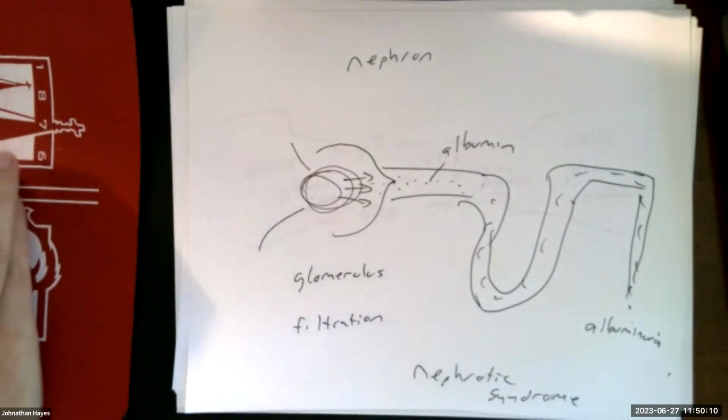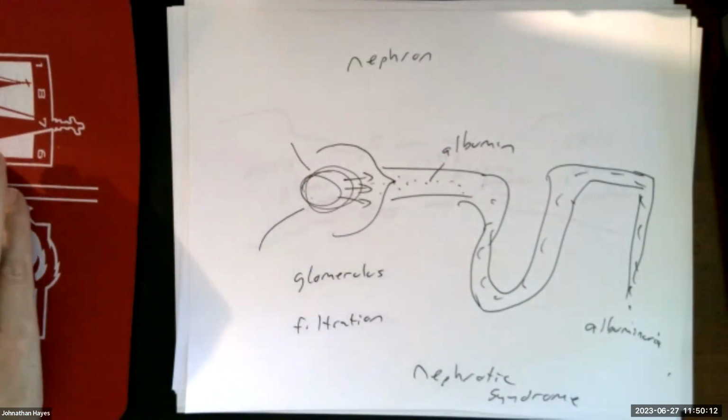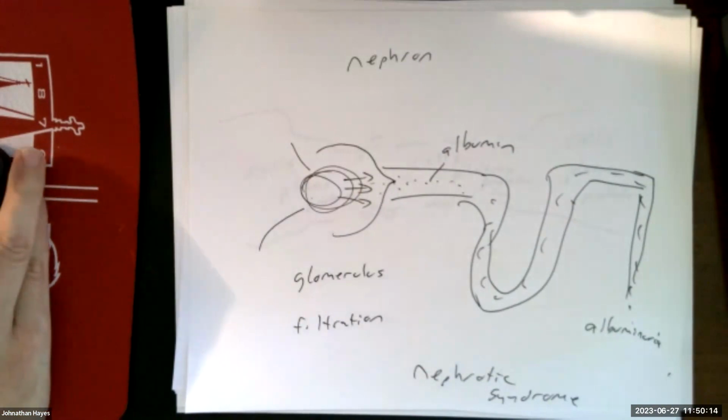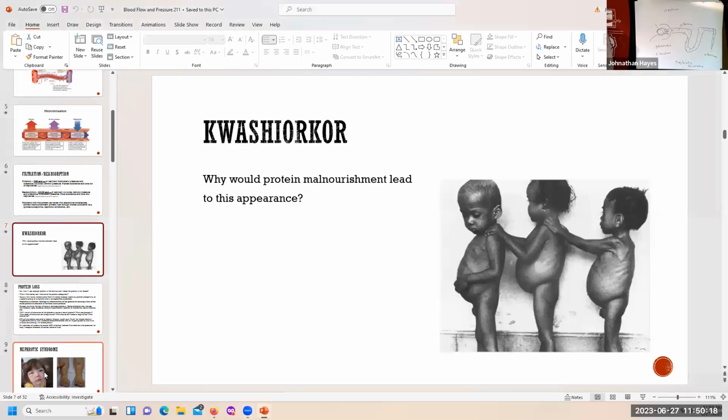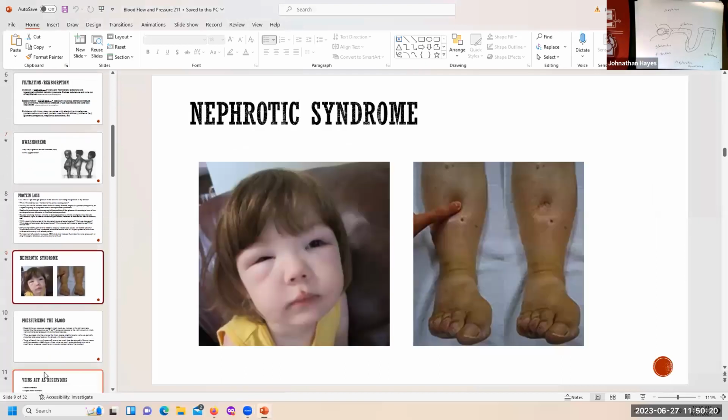But one that presents very well with what we're talking about, and it's not a good disease, is nephrotic syndrome, because the main signs and symptoms of nephrotic syndrome are pitting edema everywhere, especially around the eyes. So they start to get what's called periorbital edema, right? They're consuming protein, their diet's normal, their liver's functioning appropriately, they're making protein, but they're having a high protein content in the final urine product.